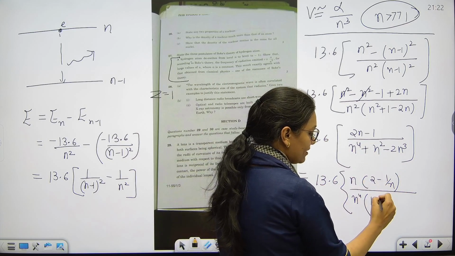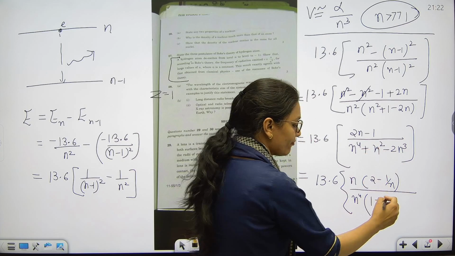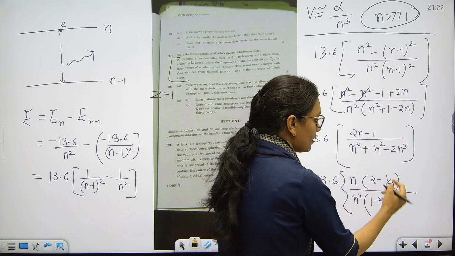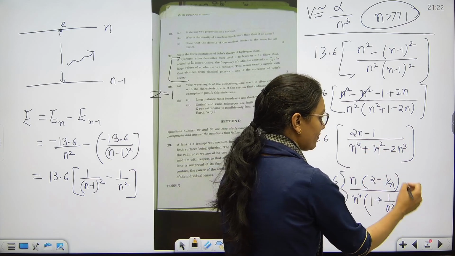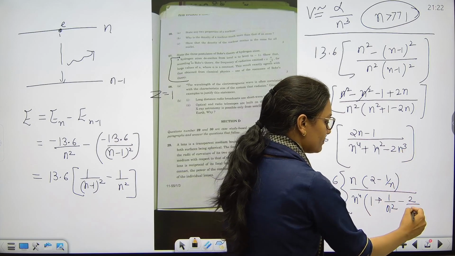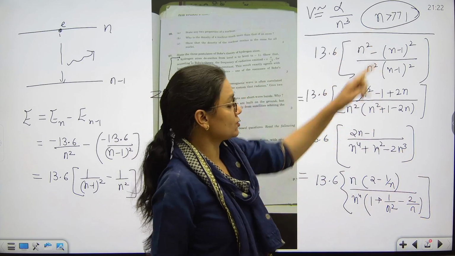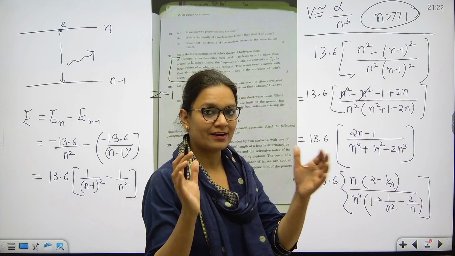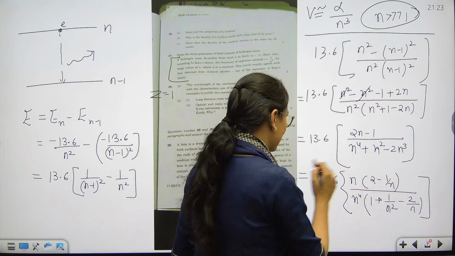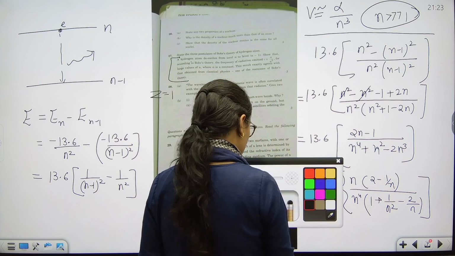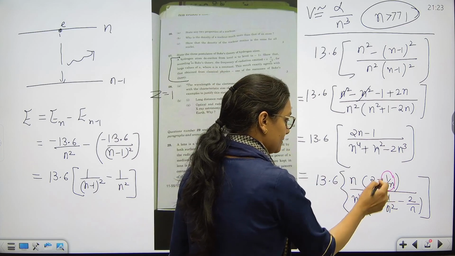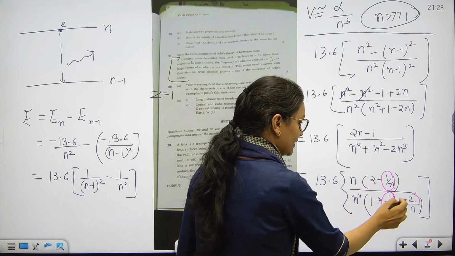Here I'll have n square upon n to the power 4, so 1 upon n square. And after this I'll have n cube upon n to the power 4, meaning 1 upon n. Now as n is very large, 1 upon n will be very small, so you can neglect these terms.